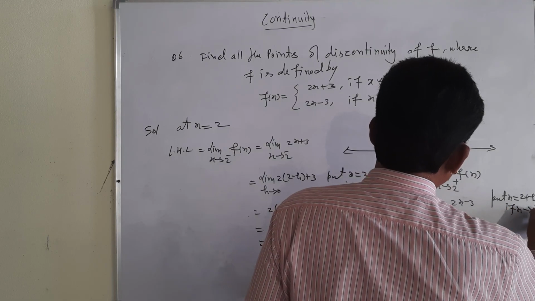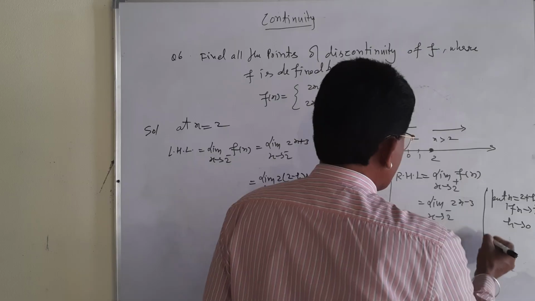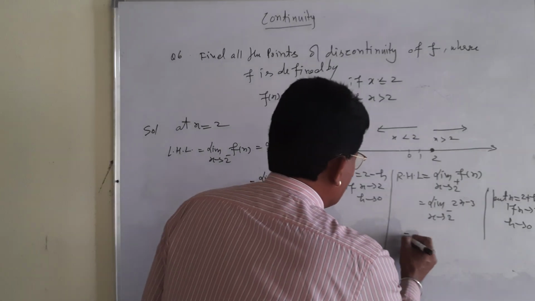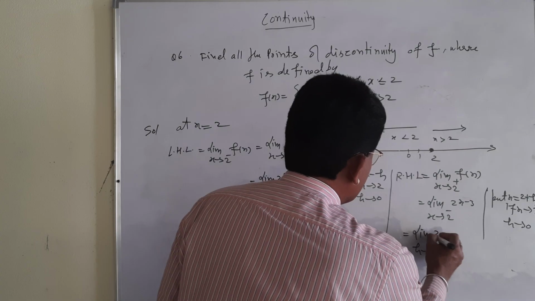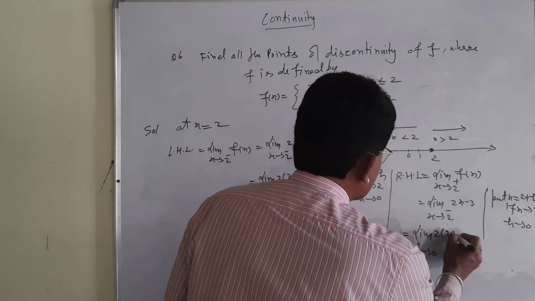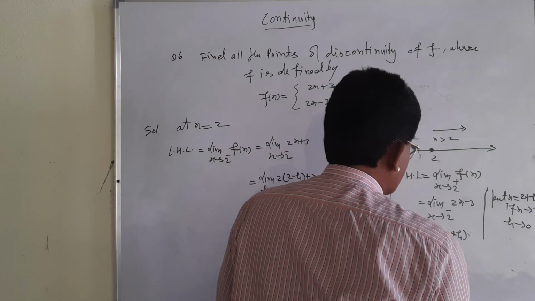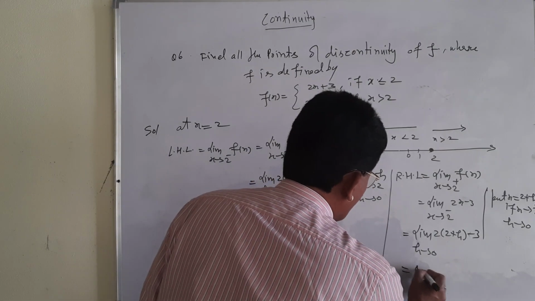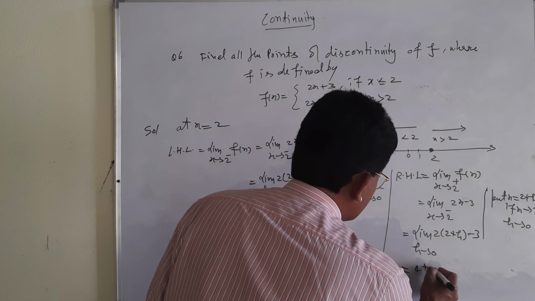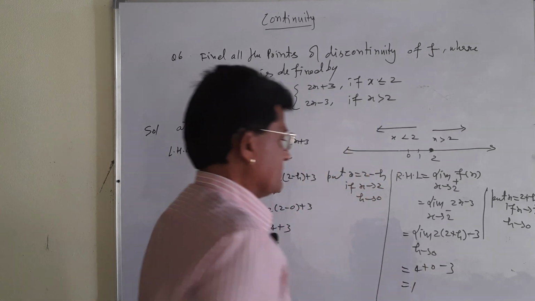If x tends to 2, h tends to 0, as I told you a number of times. Then limit h tends to 0, in place of x write 2 plus h, minus 3. Take the limit, in place of h you will write 0.